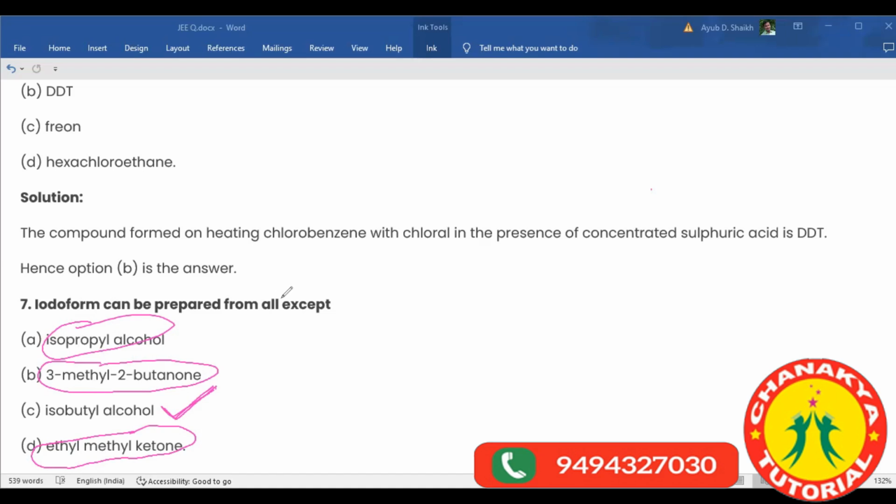Clear? Yes, ma'am. I'll give you the mechanism as well, but I will put that into the resource material. From there you have to download. Okay. I don't want to waste your time unnecessarily because we have to complete two more points from the chapters, like nucleophilic and electrophilic substitution of haloarenes.